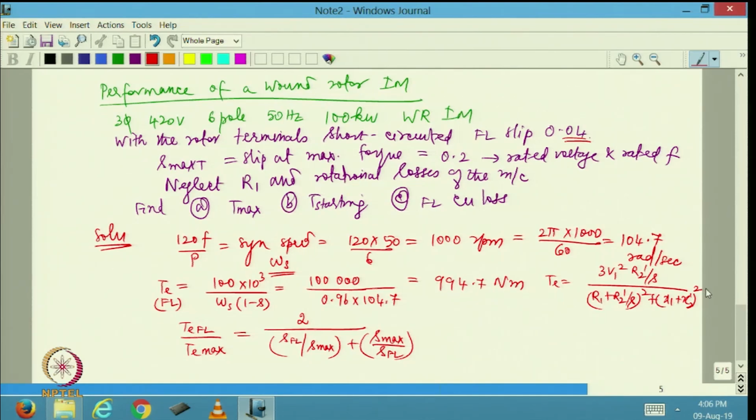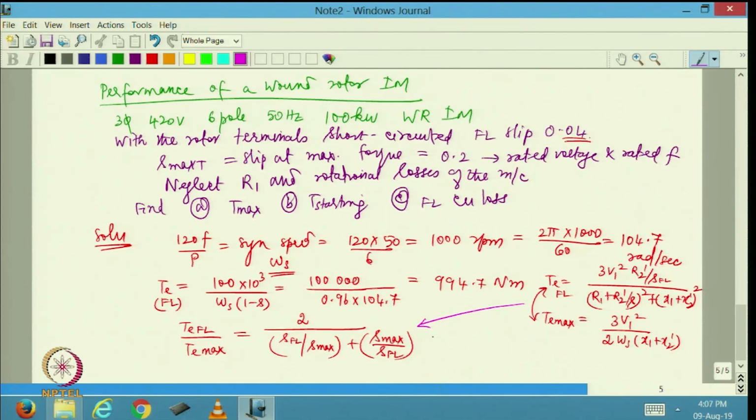This is what we write for TE full load, with S as S full load. And I can also write TE max equal to 3 V1 square divided by 2 omega S multiplied by X1 plus X2 dash. This is another expression. If you combine these two expressions, you should be able to derive this expression. Please try to derive it.